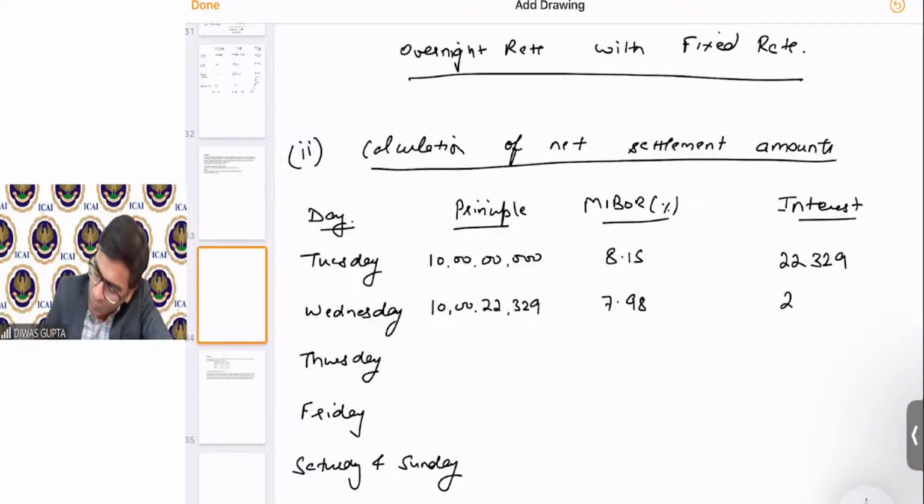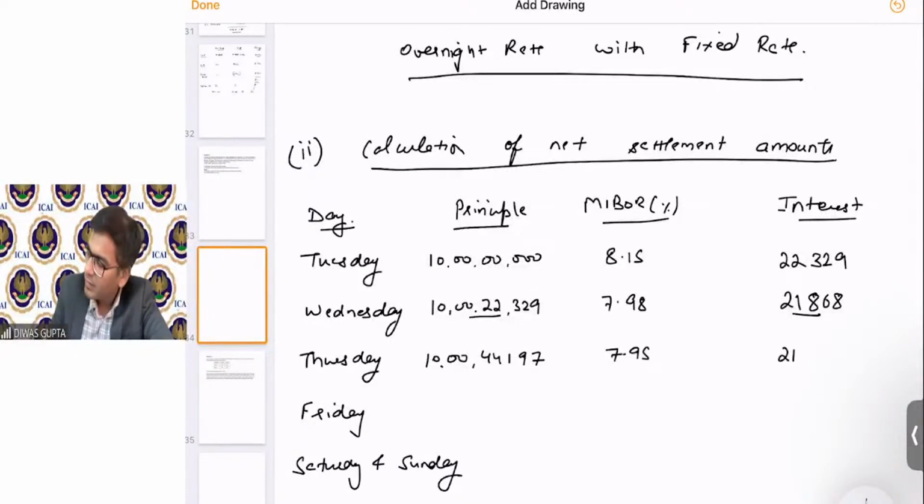So this will become 21,868. Then this will get added to the principal to arrive at Thursday's opening. So Thursday's opening will become 10 crore 44,197. And the interest rate applied will be 7.95%. So this will become 21,790, students.